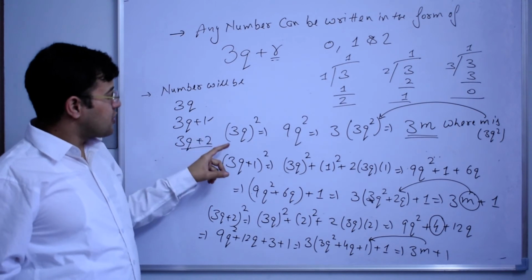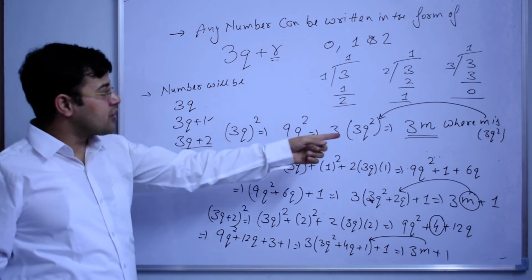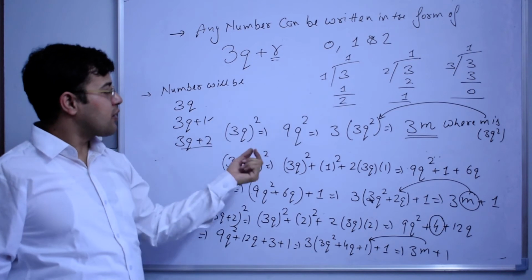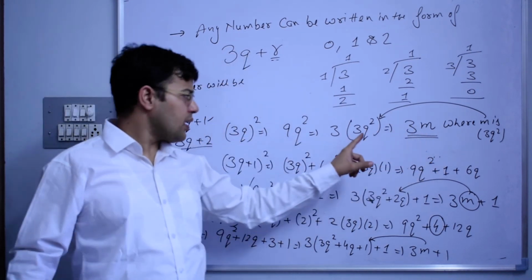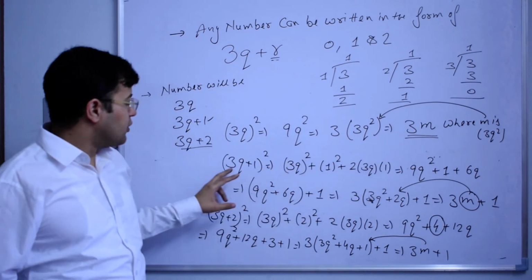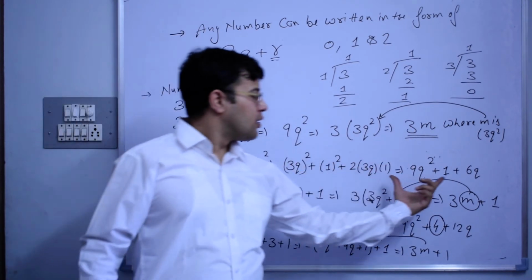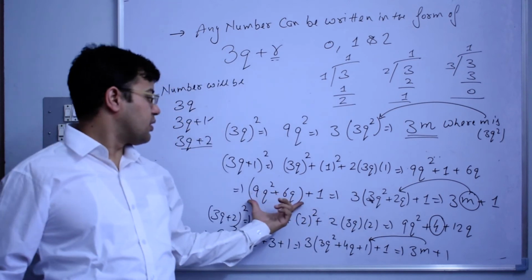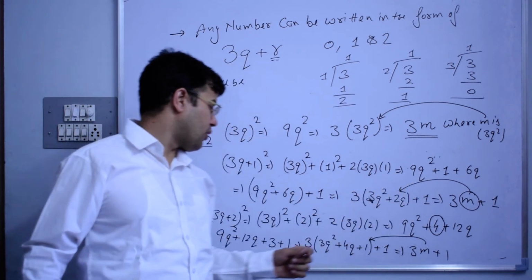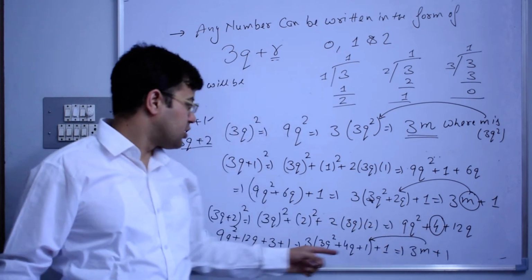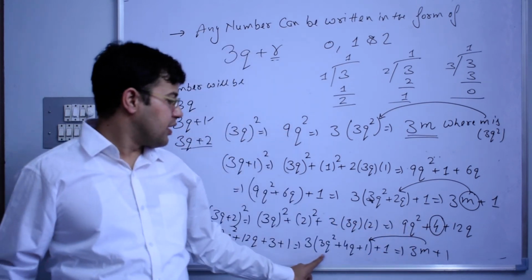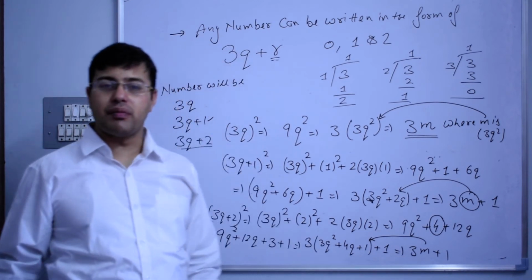Now since they have asked us to put the square, that square of a number is of that form, so I will write 3q square, and whatever the value is left over here, I will take it as m. You are just substituting the values. So 3q plus 1, you have got this equation, take 3 common from here, this is 3m plus 1. And again 3q plus 2, you take this value and split it into 3 and 1, take 3 common, and this will be in the form of 3m plus 1.